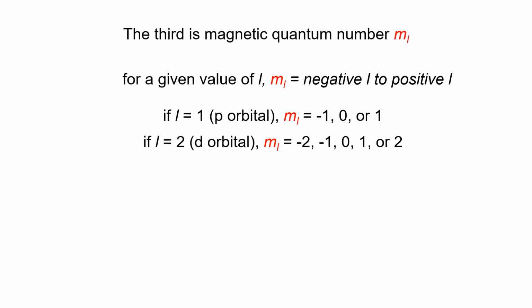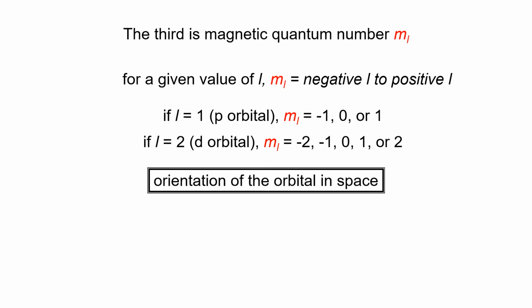Again, it's good to know these numbers, but this also leaves us wondering, what does this actually mean? And what the ml number is describing is the orientation of the orbital in space. It just so happens that p, d, and f orbitals can have multiple orientations.